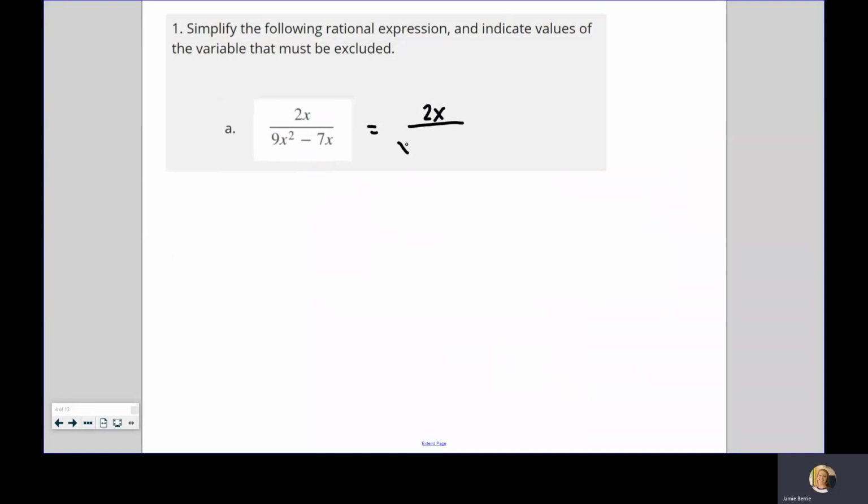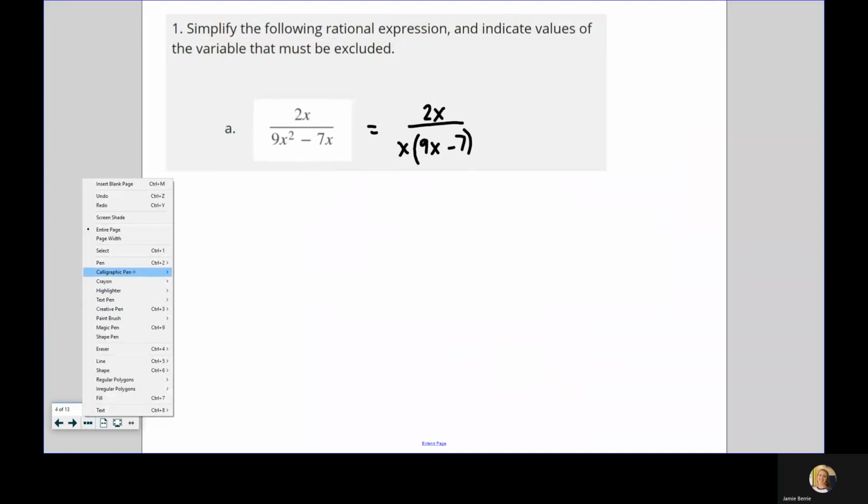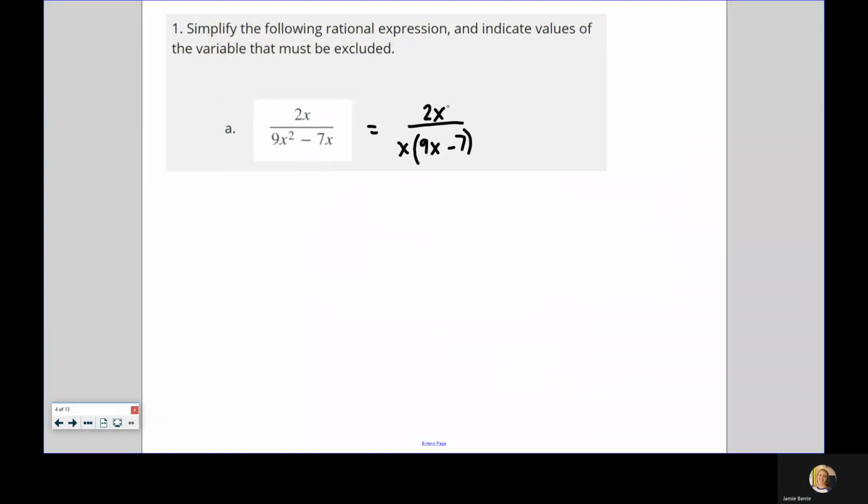Factor out an x down here. That means pull out an x. If you take out an x, there's going to be 9x left over minus. If you take out an x here, there's just a 7 left over. All right, now we can cancel out the common terms. So let me change the color. Cancel out our x's.